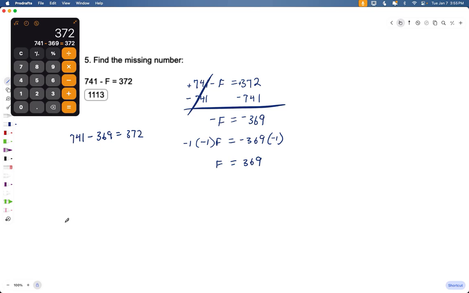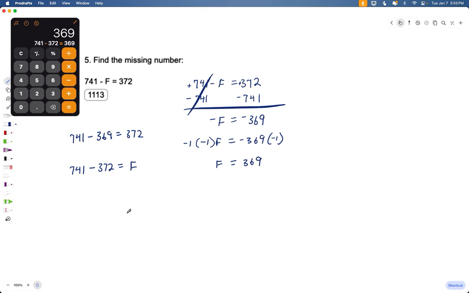Okay, now the other way to do that, the way that the book or the way that we've explained previously, is to swap the f for the difference. So if you had said 741 minus 372 is equal to f, 741 minus 372, 369, which is the value of f right here, right?